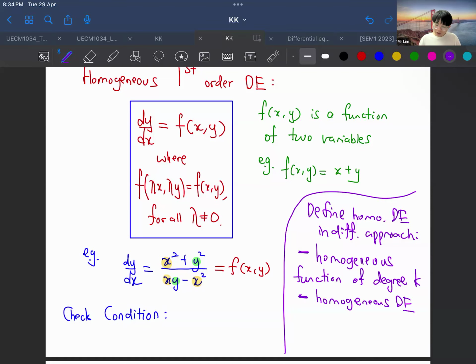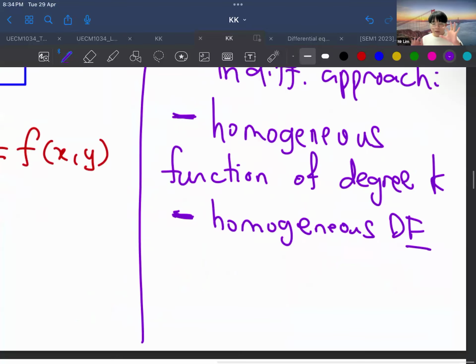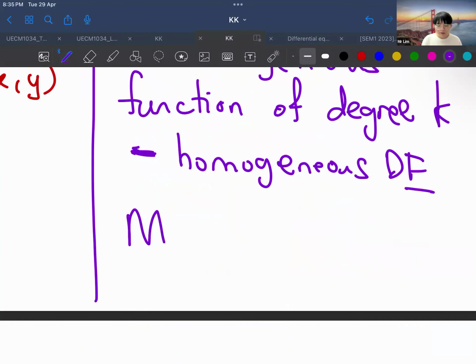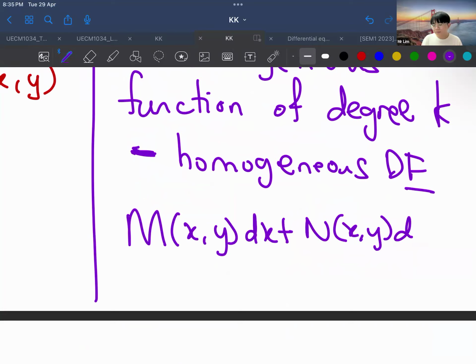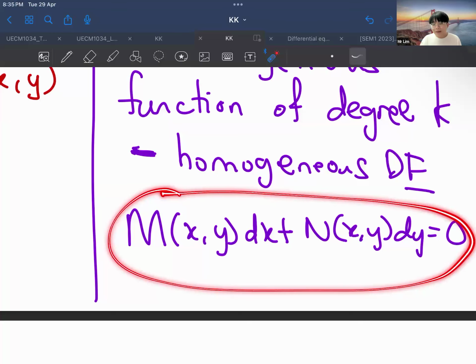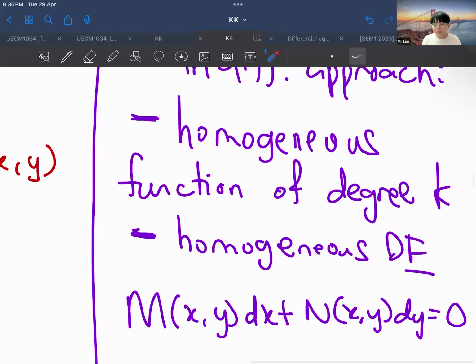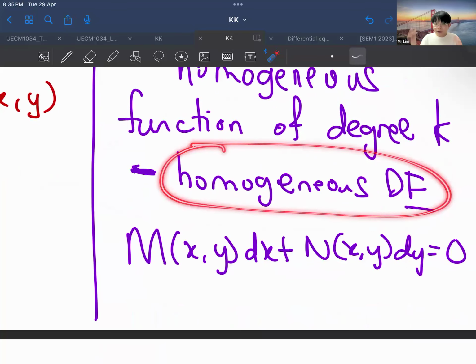If you search online about this, normally they have a pattern like this. You can check whether it is correct or not. I'm not very sure, but it's more or less like this. They start by introducing the homogeneous function of degree k and then the homogeneous DE, giving another definition.